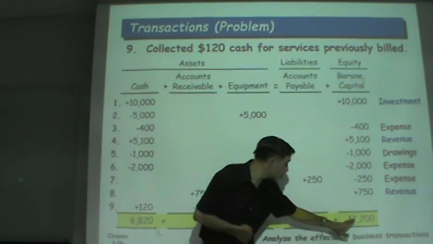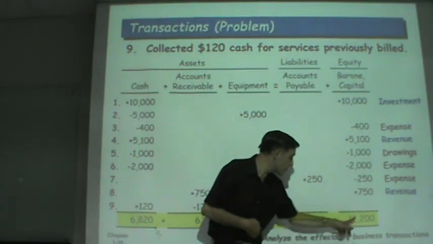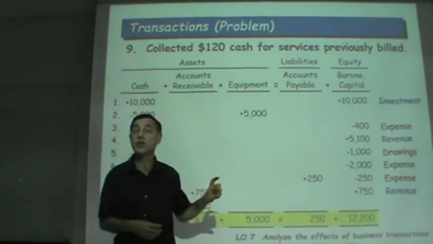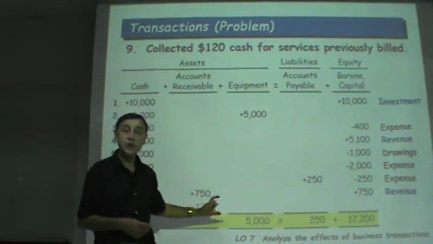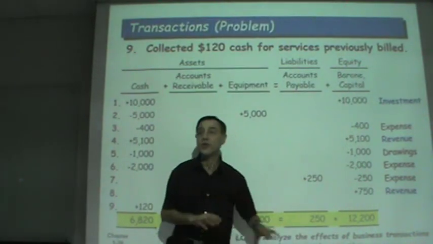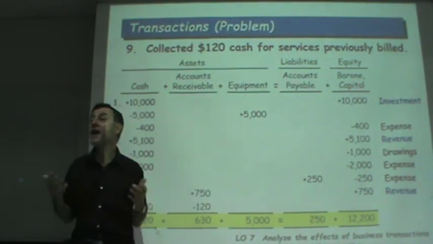And this is 12,450. So 12,450, 12,450. All numbers add up.